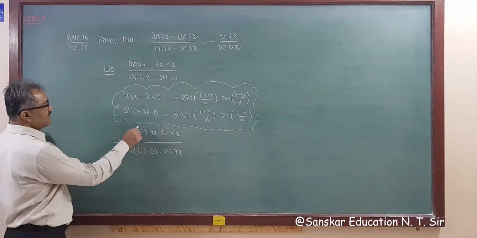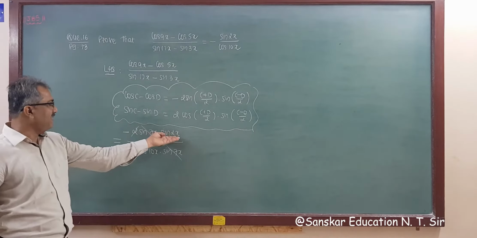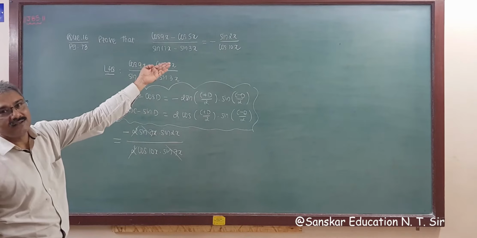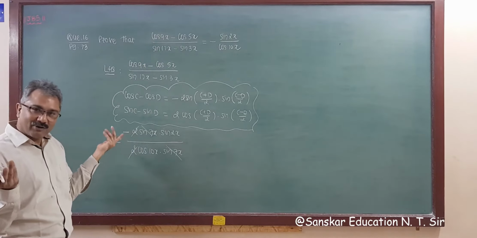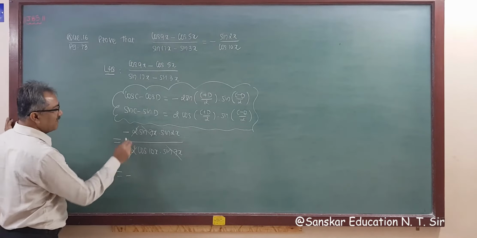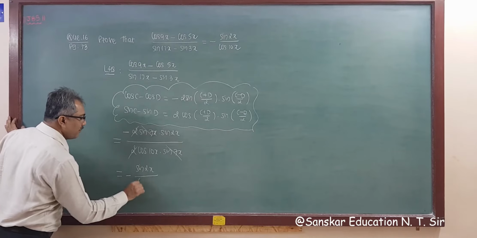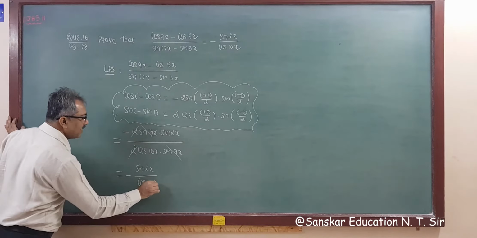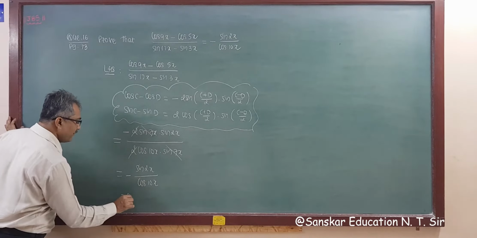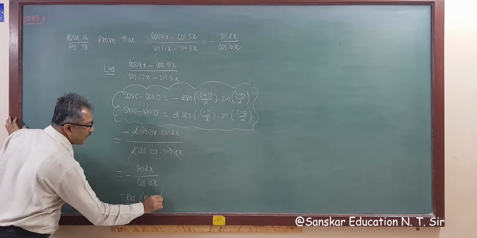So these two sin 7x will be cut. Remaining will be your answer. Nothing to do, apply only the formula. This is sin 2x upon cos 10x, which is your right hand side, and hence this is true.